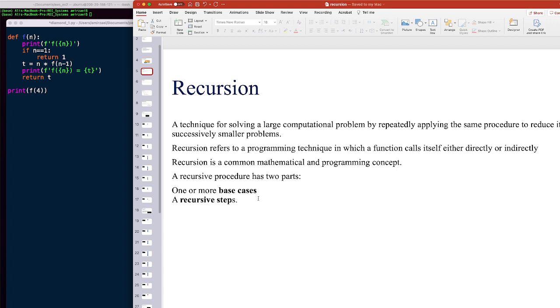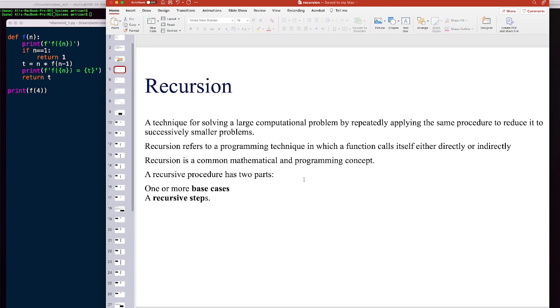In other words, in recursion, we break down a big problem into smaller and smaller problems till we reach the base case, and then we use the base case to backtrace and find the results for those smaller problems, in order to find the solution for the big problem that we started with.